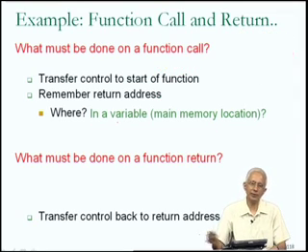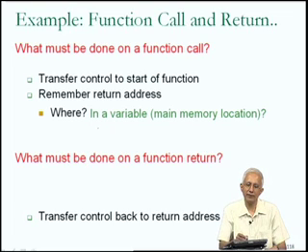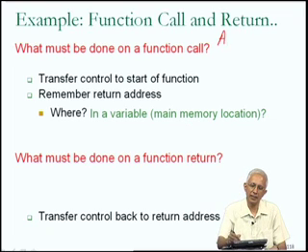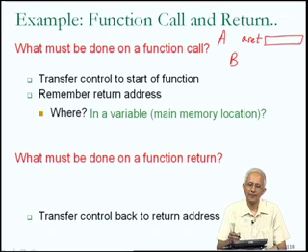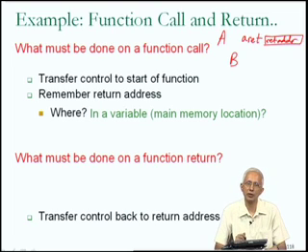Okay, now another possibility then is that I could remember the return address in a variable, in other words in a main memory location. The simple idea here is that when function A calls function B, then associated with the return address of function A, I could have a memory location which I can refer to as A return. And when the function call happens, I'll remember the return address of function A inside that variable or that memory location.